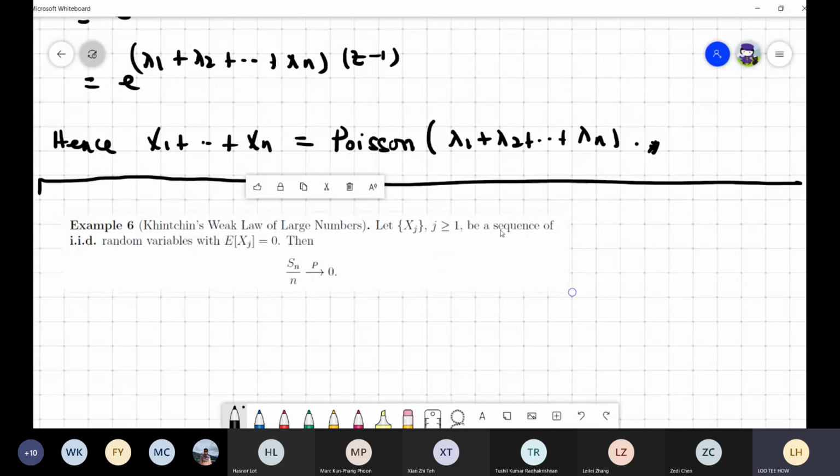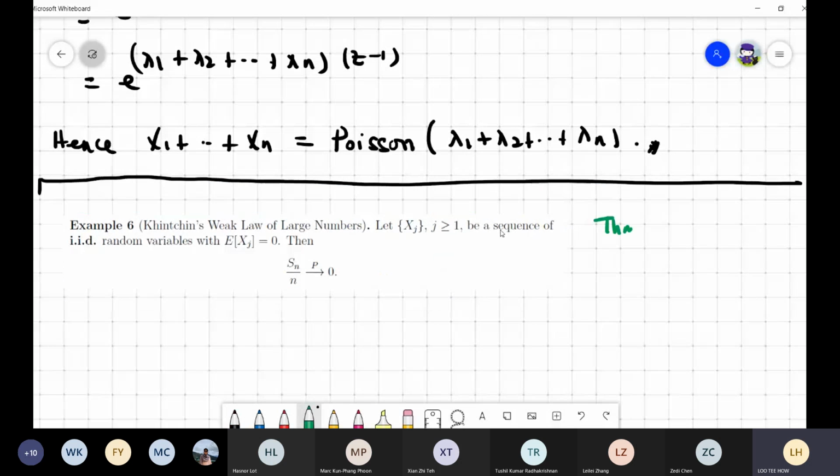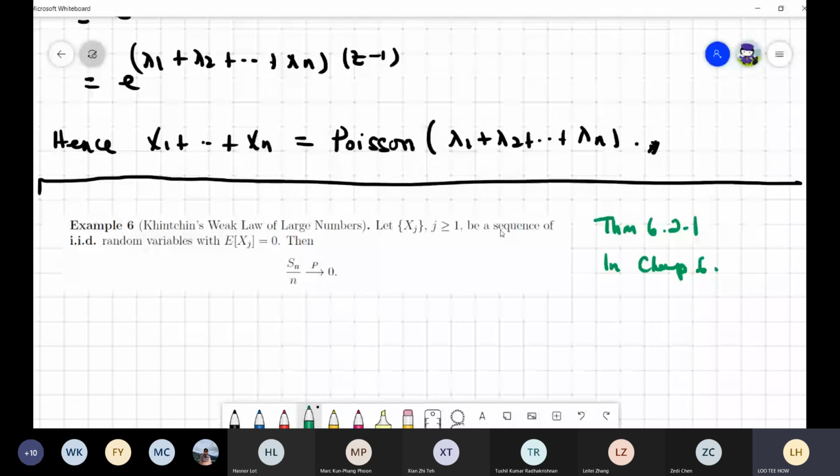In fact, this is just for your information. This is actually Theorem 6.2.1 in chapter 6. But I put it as an example just to demonstrate how to apply this generating function to prove this formula. We have already discussed this formula in chapter 5. Okay, so here are the statements.